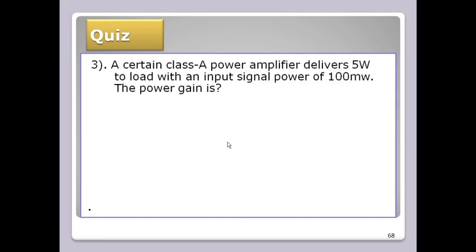Next, a class A amplifier delivers 5 watts to the load with an input signal power of 100 milliwatts. Then how much will the gain be? You can calculate here, and the power gain is 50.